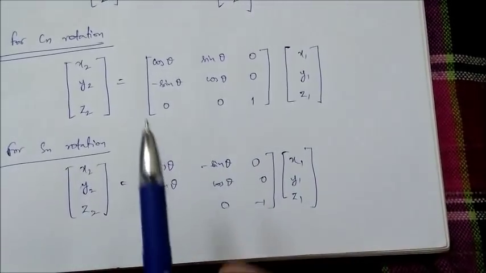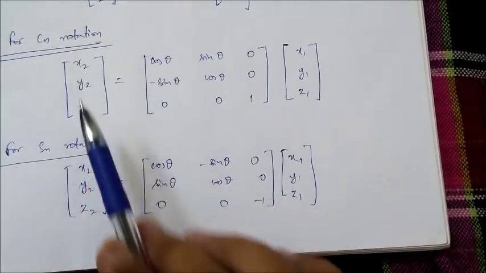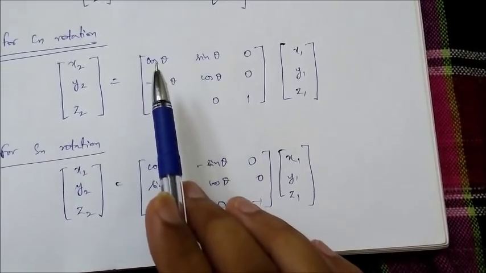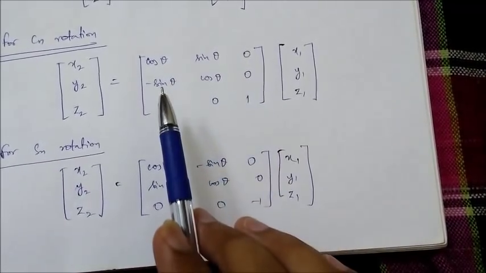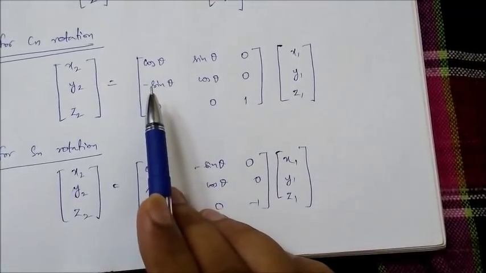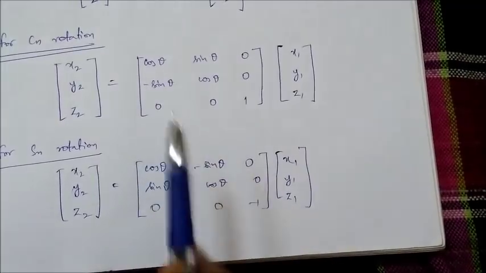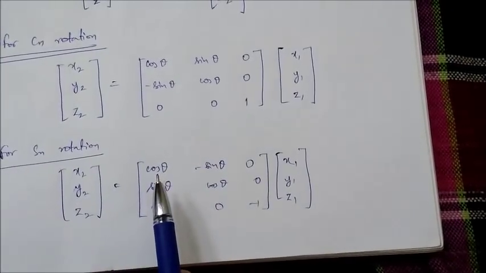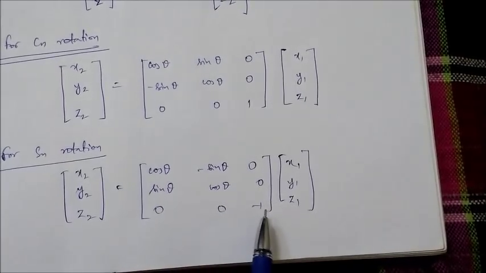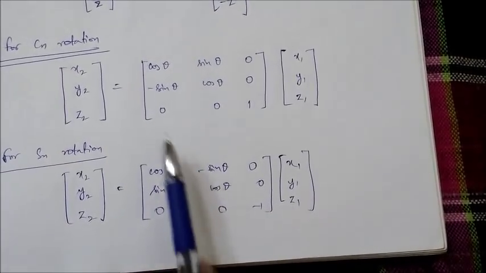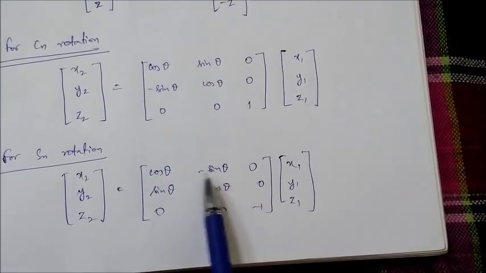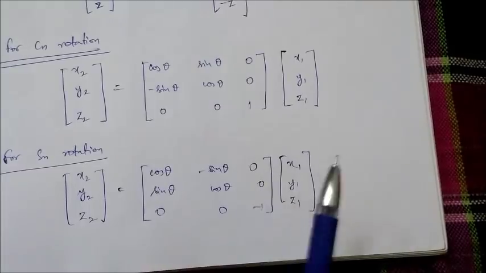For now you just have to remember for Cn rotation, and you have to be very careful about the sign. See, cos theta, sin theta, 0; minus sin theta, cos theta, 0; 0, 0, 1. In proper rotation we have the minus sign just here. For improper rotation we have the same thing, but the minus sign has shifted to the other sin theta, and the last entry has become negative.